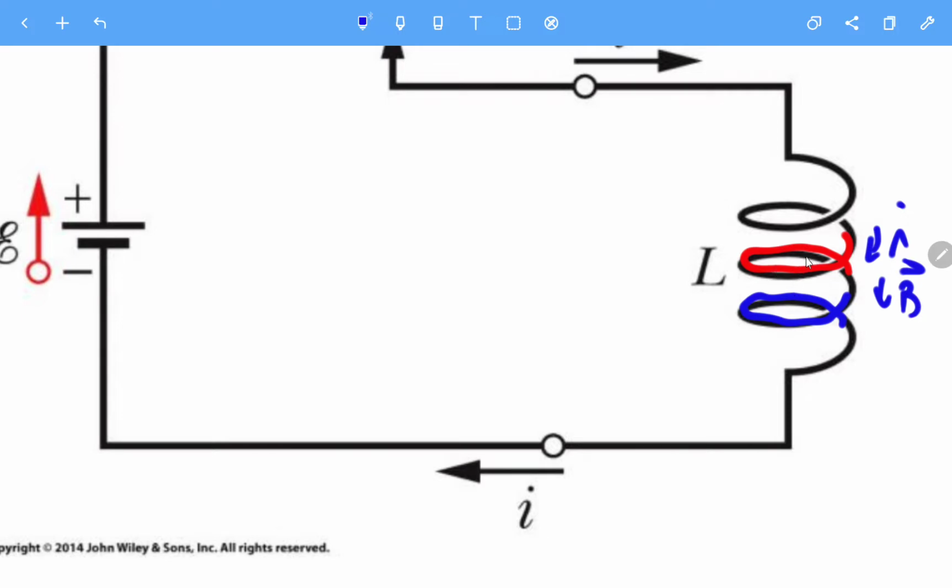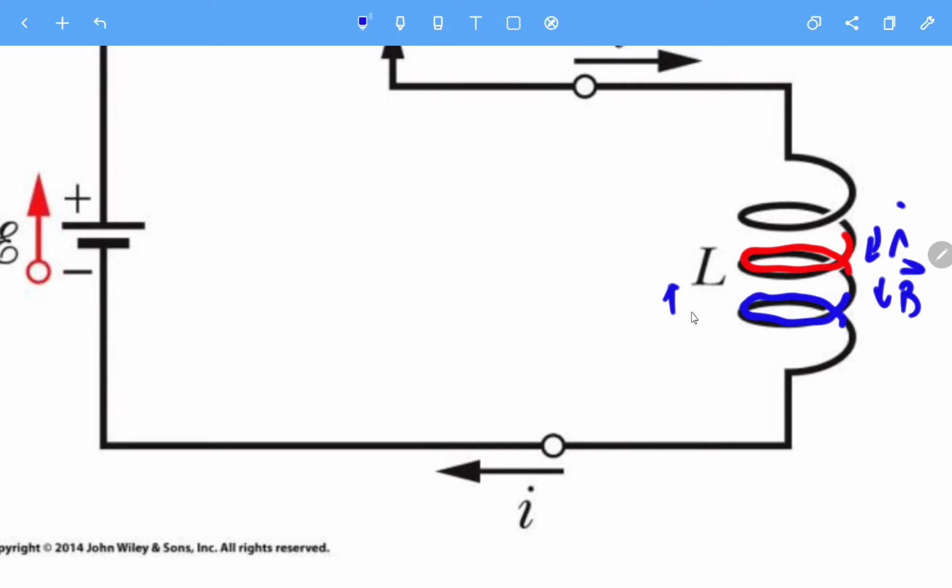Okay, so according to Faraday's law, as the B field pointing downward is increasing, this will generate an induced EMF which is pointing to the opposite side, because the B field is pointing downward and increasing.